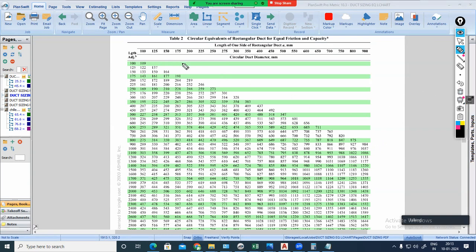Because when we are sizing the duct, we have to follow a term called aspect ratio. Aspect ratio is length by breadth only. But for easy understanding, in terms of duct, you can say the bigger side of the duct in millimeter divided by the smaller side of the duct.